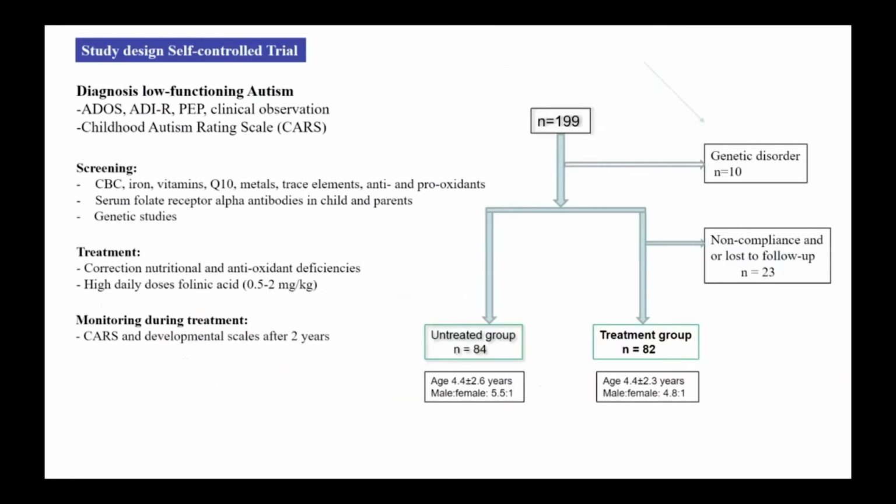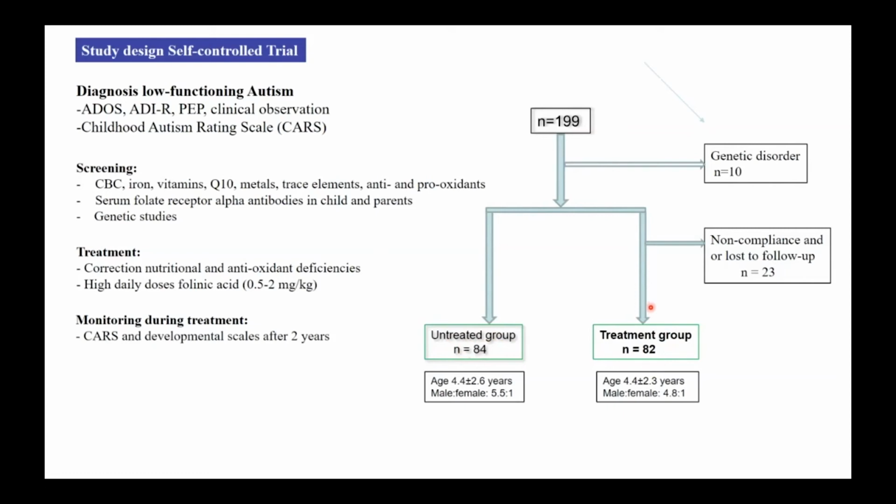So then we turned to study a self-controlled trial among about 200 children with infantile onset severe autism, and we had two treatment groups. One group receiving no treatment, and the other group receiving high-dose folic acid and correction of nutritional and antioxidant deficiencies.